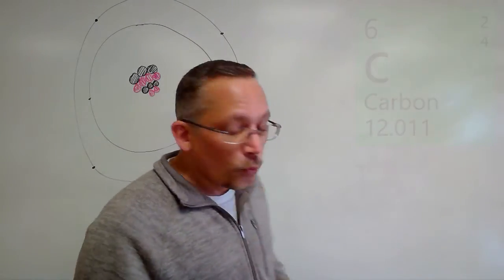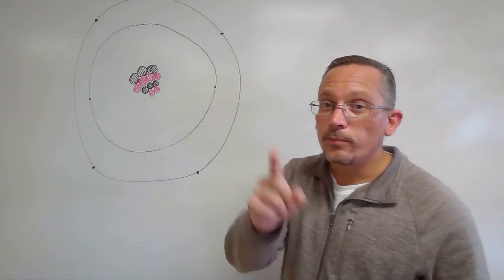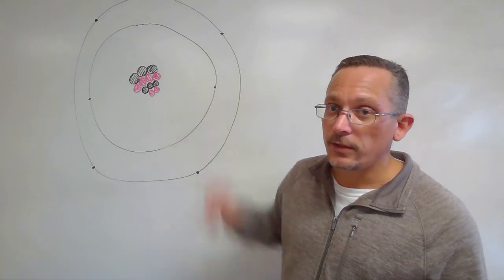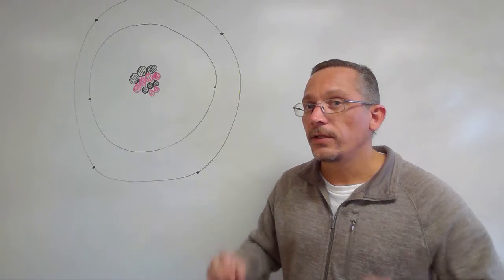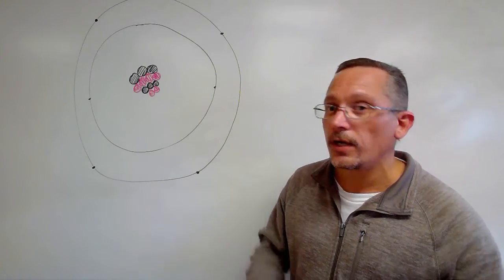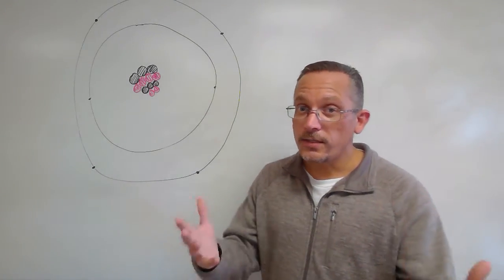Okay, now a carbon atom always has 6 protons, but you can see the one I've drawn also has 6 neutrons, 6 pink circles that I've drawn. A carbon atom does not have to have exactly 6 neutrons. It could have more neutrons, it could have fewer neutrons. It could have different numbers of neutrons. These are called isotopes.